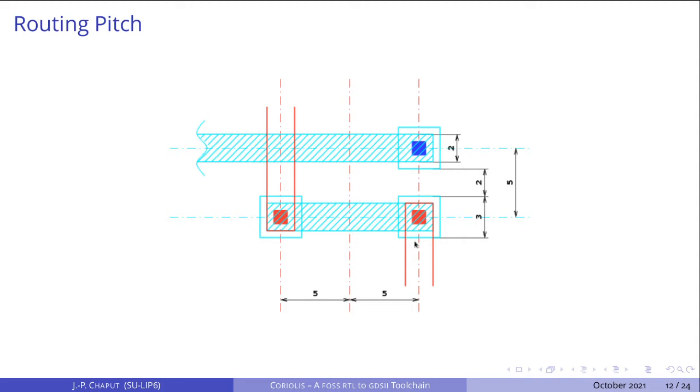For example, here, the minimum side of a via is 3 lambda. Then the minimum distance of metal 2 side by side is 2 lambda. This yields a 5 lambda pitch. The pitch is the distance axis to axis between two neighboring tracks, and it will ensure that the routing is DRC clean by construction.